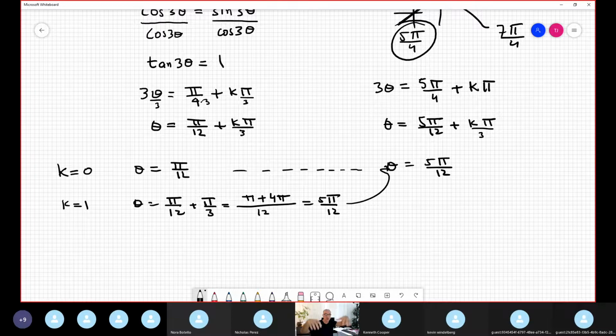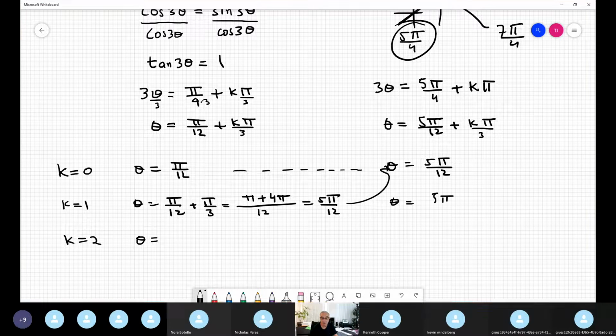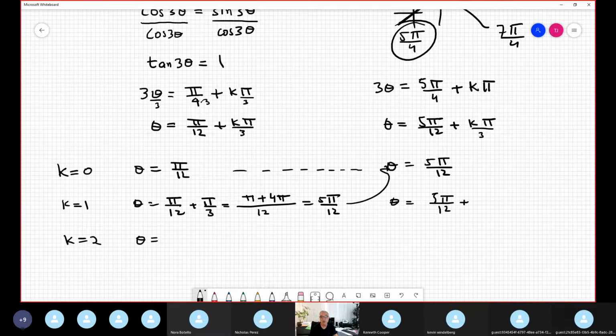Actually, you break down this original trigonometric equation into 2 equations. However, if you take the repetition, repeated solutions, it's okay, no problem. For k equal 2, theta equal, I forgot to do it here. For k equal 1, that is 5 pi over 12 plus pi over 3.